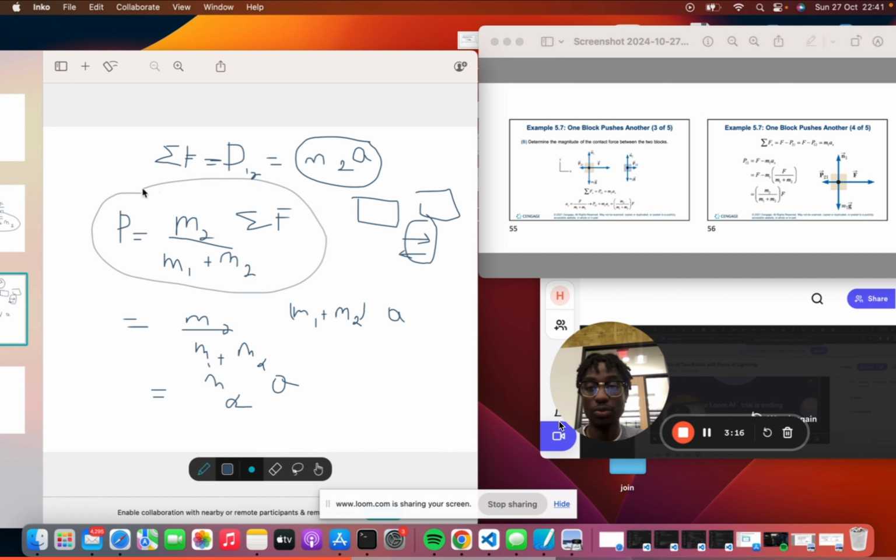That force is found by this formula: M1 M2 over M1 plus M2 times the summation of the forces. I expanded the formula to show you where it all goes.